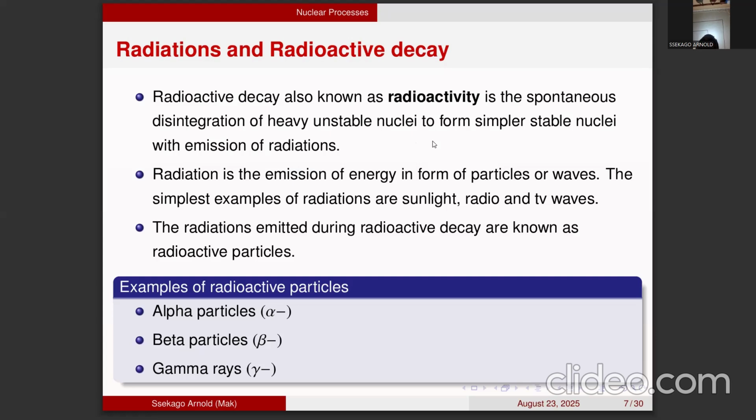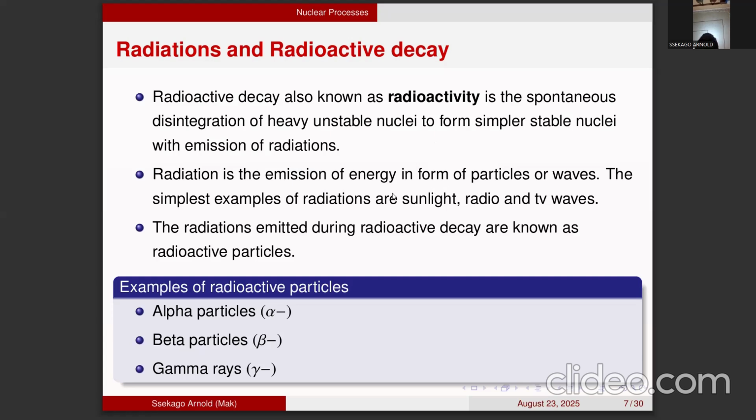So on this, I am going to share a sample illustration on how this radioactivity process occurs. So that is radioactivity. Then radiation is the emission of energy in the form of particles or waves.